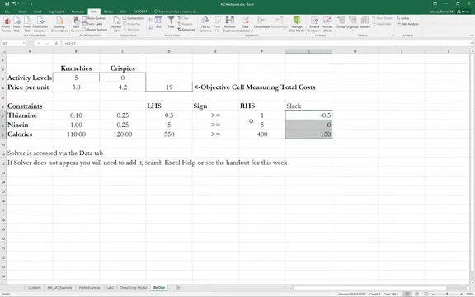If these all say greater than or equal to, but in the slack or surplus column out here you get different signs, then you've got a problem.